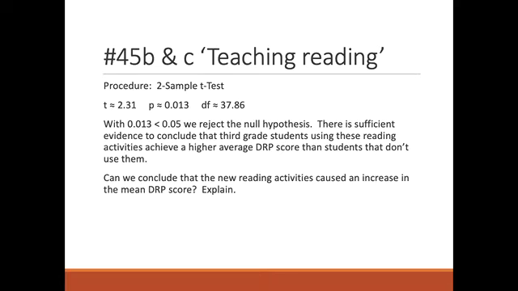So the last part of the question is really important. Can we conclude then that these new reading activities, whatever these activities happen to be, are actually causing the increase in the mean DRP score? So in other words, does this study give us evidence of cause? Remember, there are two primary types of studies that we have learned in AP statistics: observational studies and experiments.